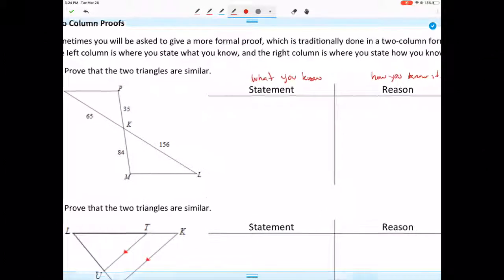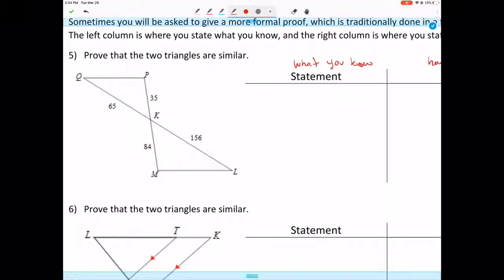All right, so let's look at these. We have these 2 triangles, and we want to prove that they are similar. So we've done a problem that is very similar to this. All right, one of the things, we have 2 sides for both triangles, and we could know that these 2 triangles have congruent angles by vertical angles.